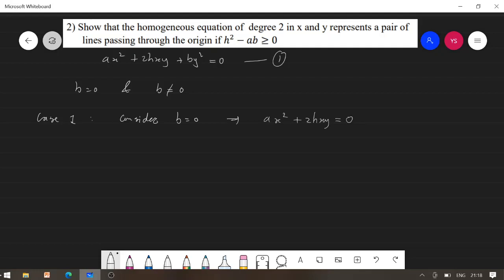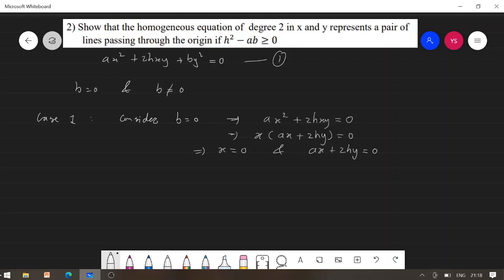So after taking x common, the remainder becomes ax plus 2 times hy equals to 0. That implies either x is equal to 0 or ax plus 2hy equals to 0.